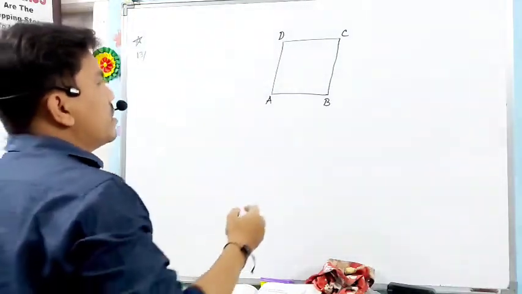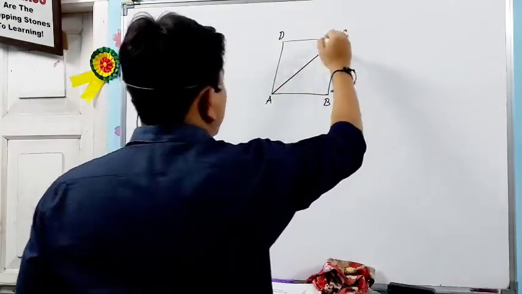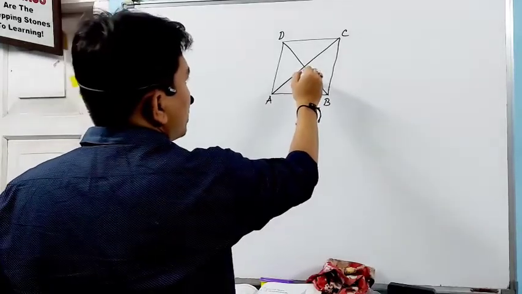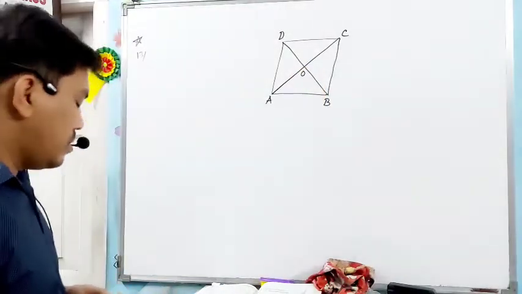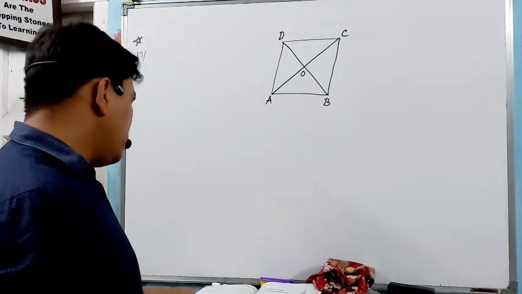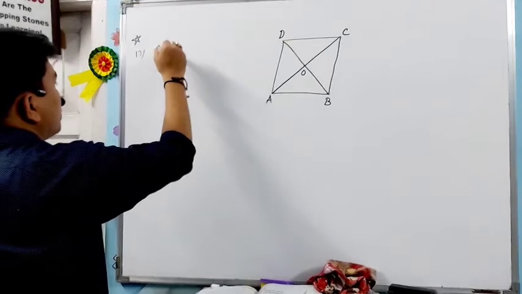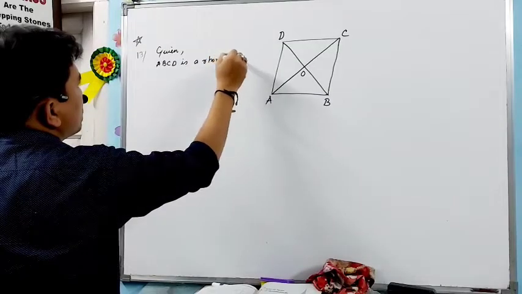Now after this we will draw the diagonals also. AC and BD. Okay. Let them intersect each other at O. So now we have to write here given: ABCD is a rhombus.